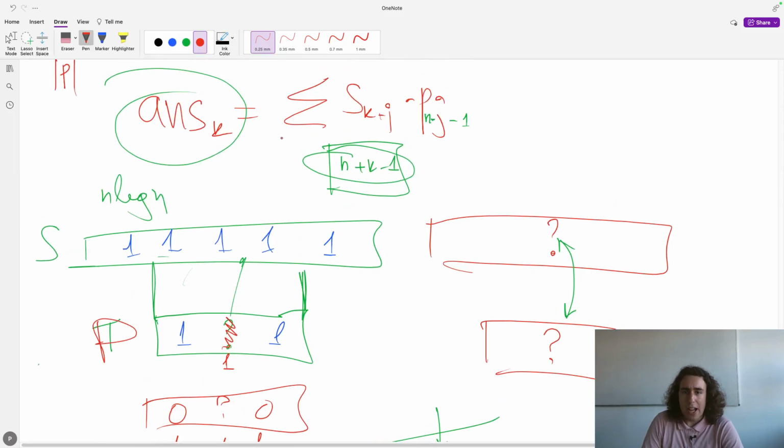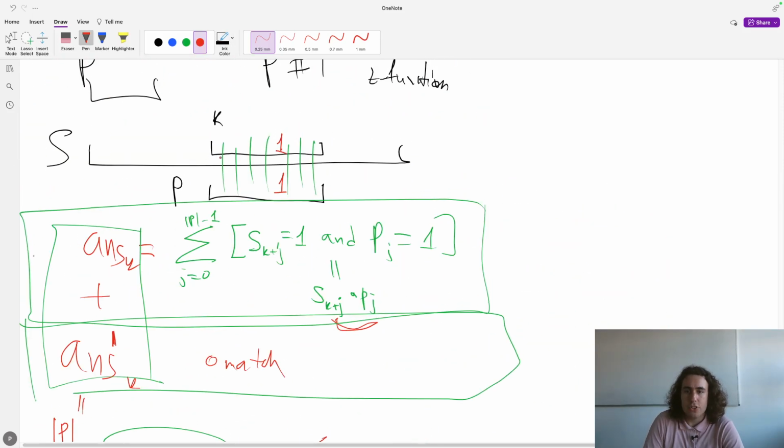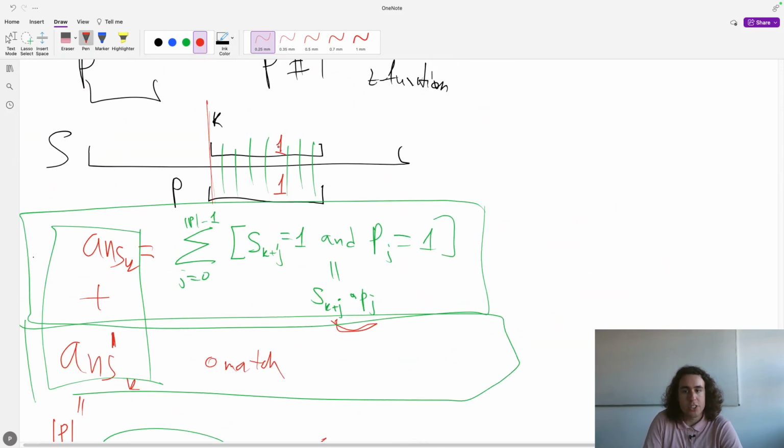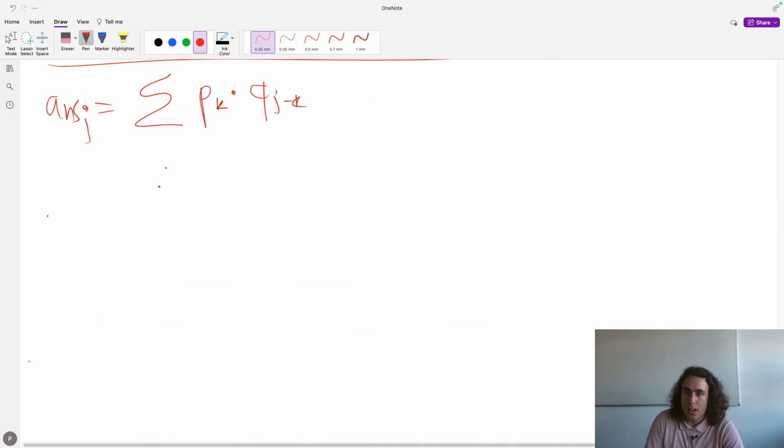So if we go back, we want to match at position k whether string s and p match. So what does it mean? We want to sum up over all positions j: is it true that s_(k+j) is equal to p_j?